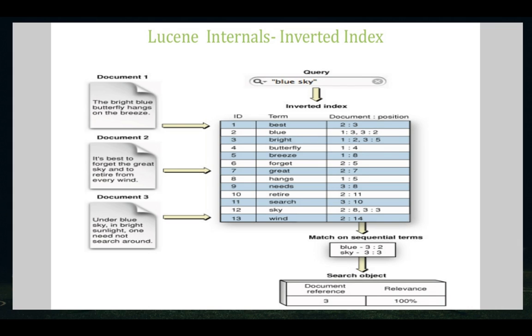It creates an inverted index for that. All the terms, or you can say all the words of your documents, are divided into tokens or terms along with the document and position.